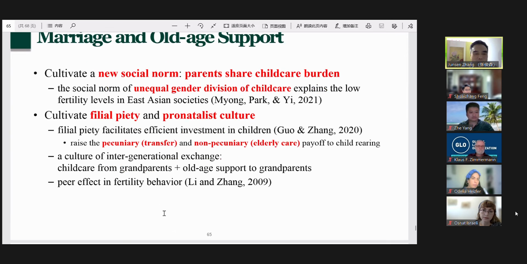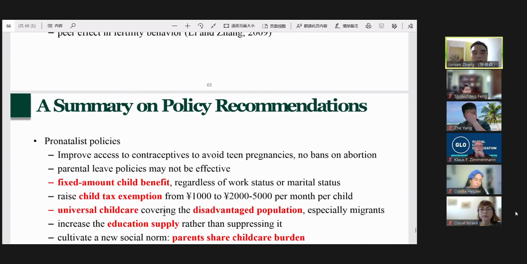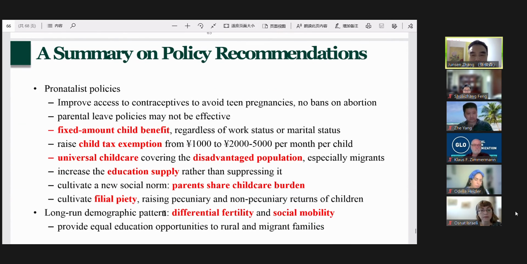So other than that, the major policy proposal, which I spent maybe 10 or 15 minutes to elaborate. As part of that proposal, those are the specific policies we should consider or should not consider.